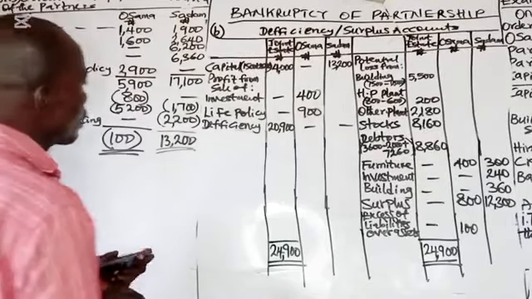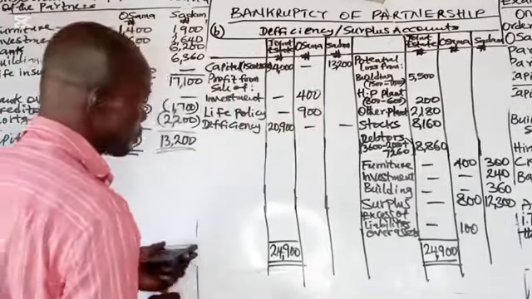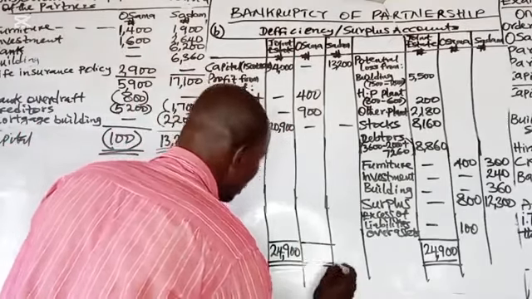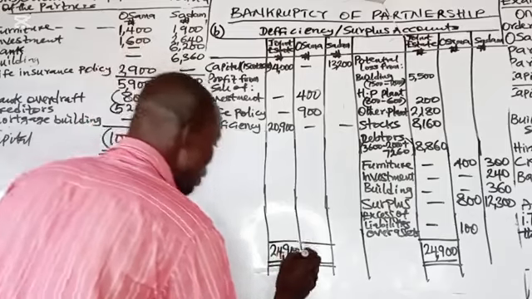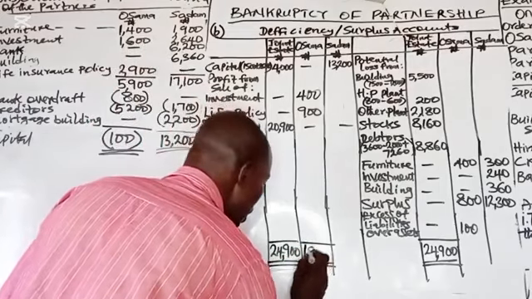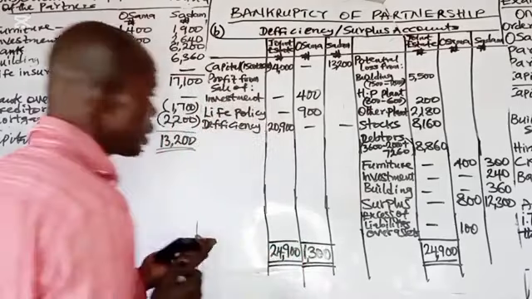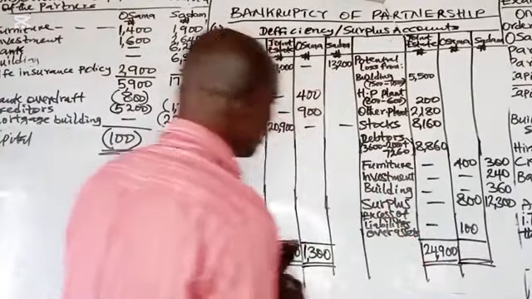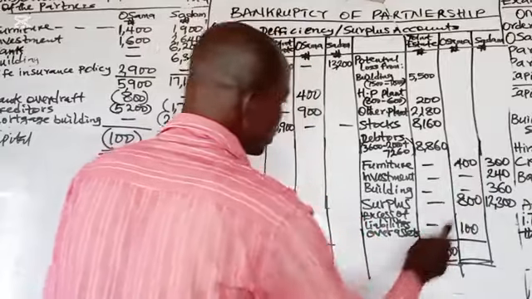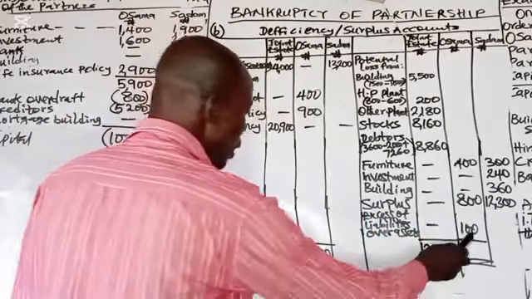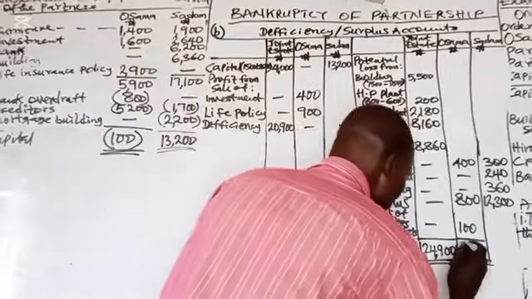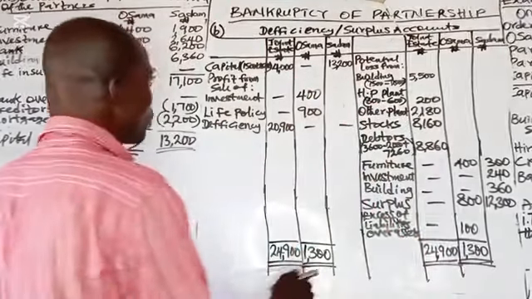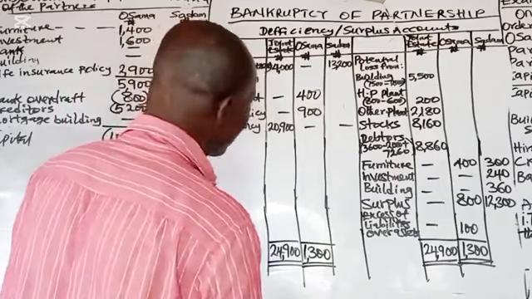Then for Osama, 400 plus 900, that will be 1,300. Let's add the credit side of Osama. 400 plus 800, that is 1,200 plus 100, that will be 1,300. Osama also balances.